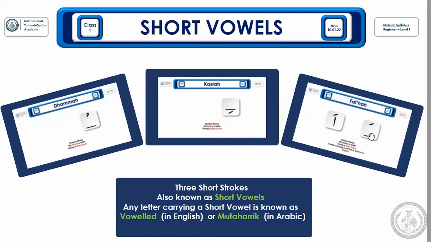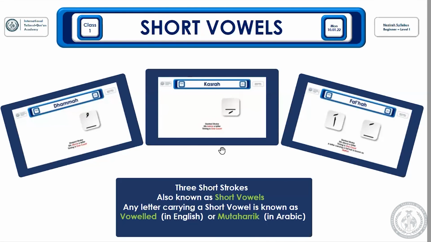A Fatha always sits on top of a letter, a Kasra sits below a letter, and a Damma sits on top of a letter. You must only spend 1 count on this letter.